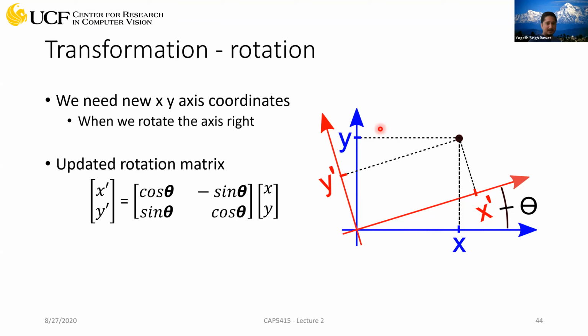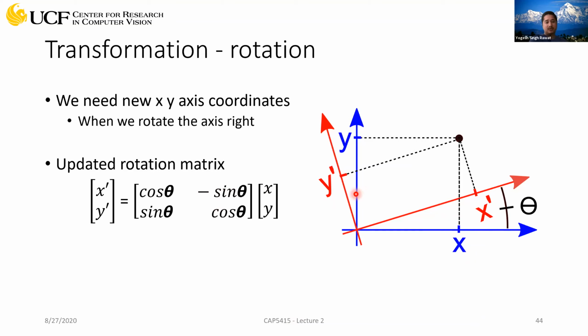This is plus and plus. This one is negative and plus, and this is negative and negative. So we are moving in this particular direction, so it will have to be positive and negative. So when you take sine theta, the value will be sine theta, but it's in the negative direction. So it's negative sine theta.